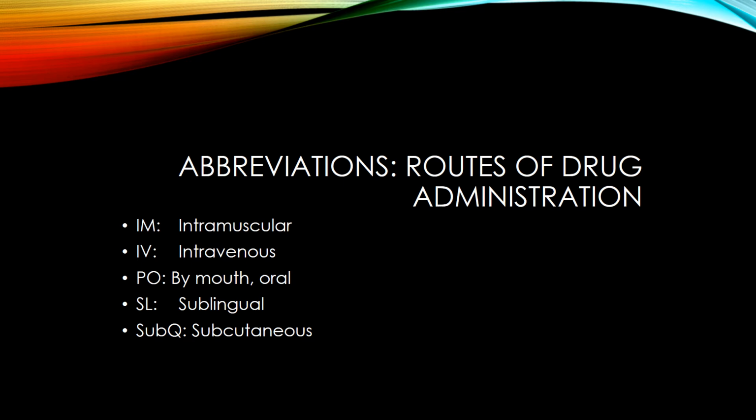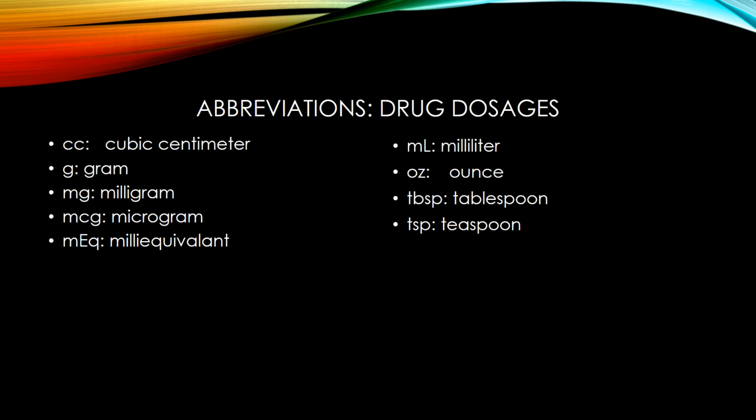Okay, here's some more abbreviations as far as routes. IM is in the muscle, IV is intravenous, PO is by mouth or oral, SL is sublingual, and sub-Q is subcutaneous. And then here are some of our dosages.